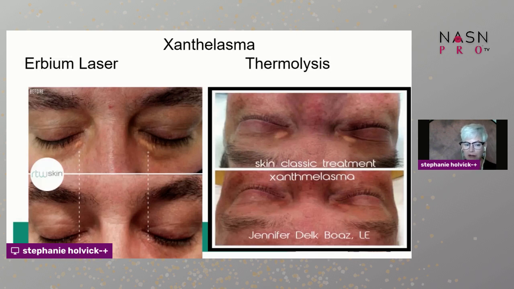The erbium laser, as you can see, really hones in on this, and it's a great modality. However, it's very costly, and we really can't get our hands on it to work. So using something like thermolysis or electrodesiccation might be a great alternative to be able to treat something like this, say, around the eye.